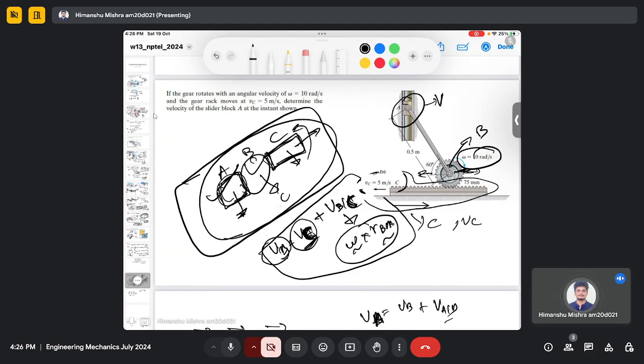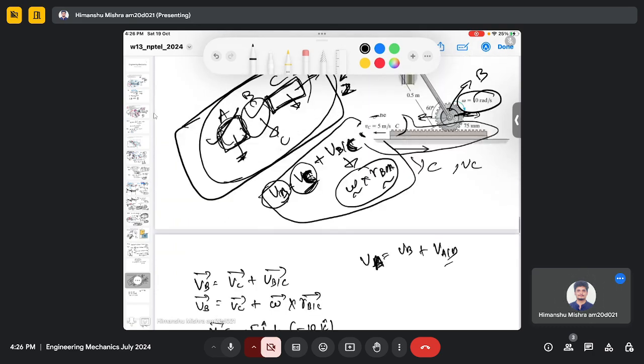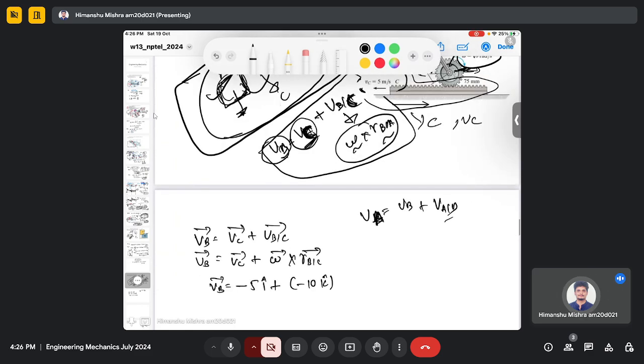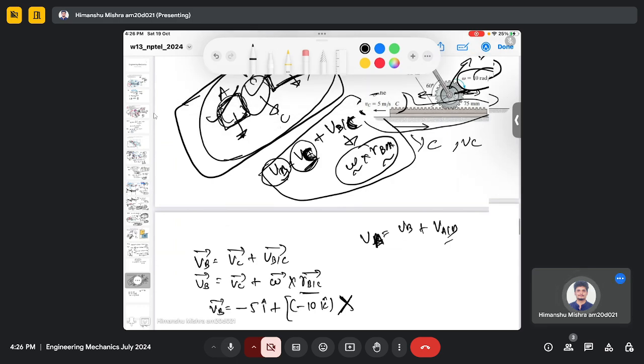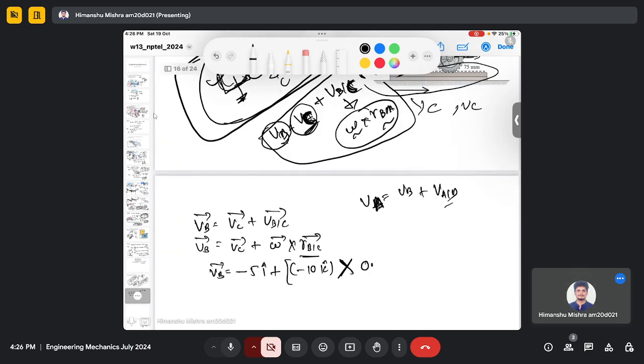So this is x, this is y, and out of the screen is z, the k direction. It's clockwise, so I'm writing a minus sign: minus 10k. It has a cross product with position vector RBC, which is 75 mm in the j direction.